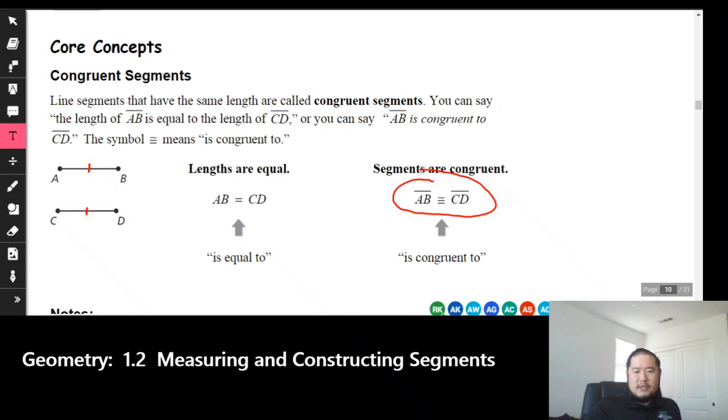That part is especially important when we start dealing with proofs later on. So once again, we know that these two segments are congruent because of this little tick mark that is on each segment.